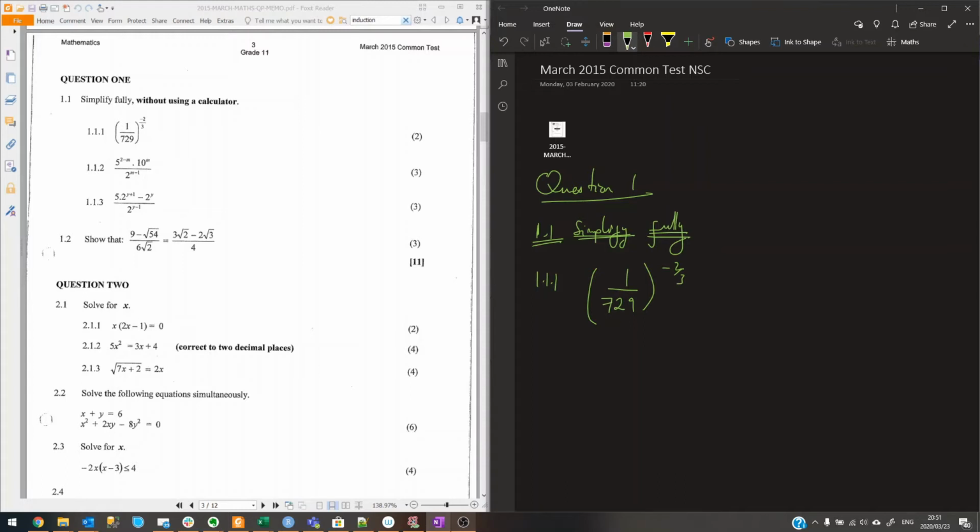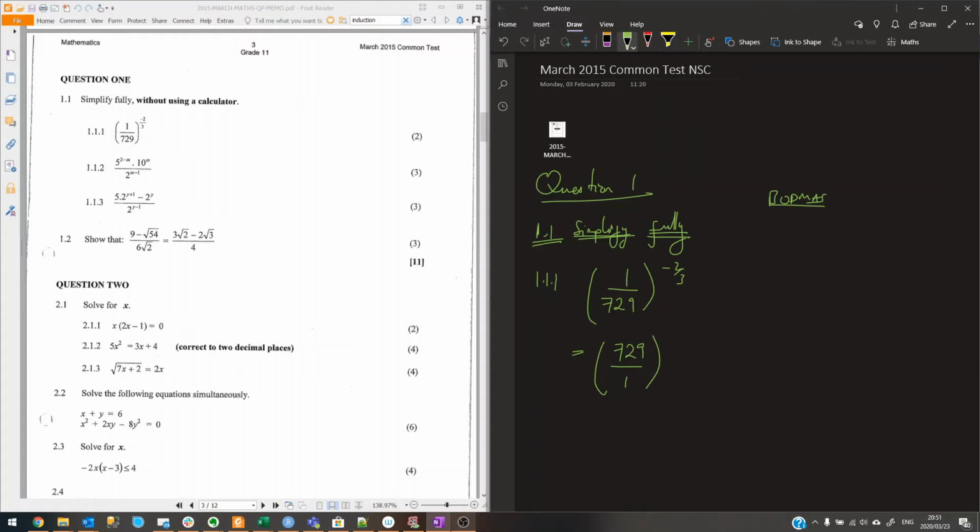So the first thing we can do is, remember your BODMAS. We see this exponentiation and there's a negative exponent. In maths, we don't leave negative exponents. We take the reciprocal, 729, which you can write as 729 over 1.